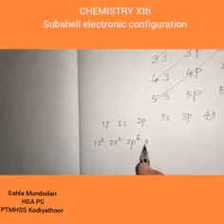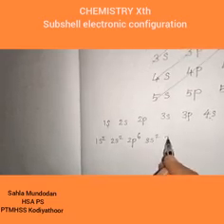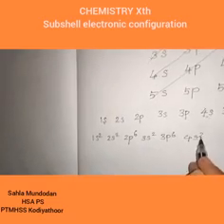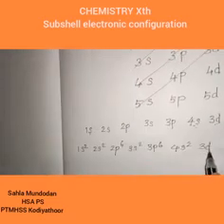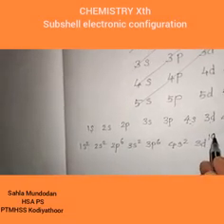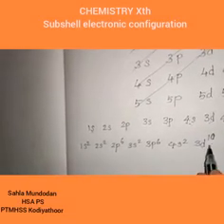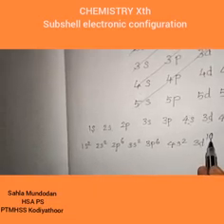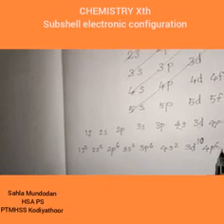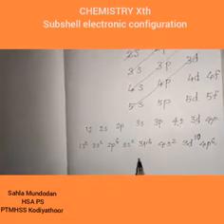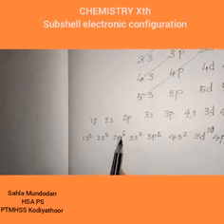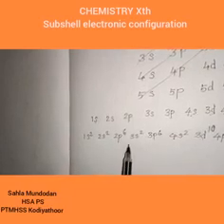Then again 3s2, 3p6, 4s2, 3d, how many electrons? 3d10, because D can accommodate maximum 10 electrons. Then 4p6. This is the maximum number of electrons the subshell can accommodate.